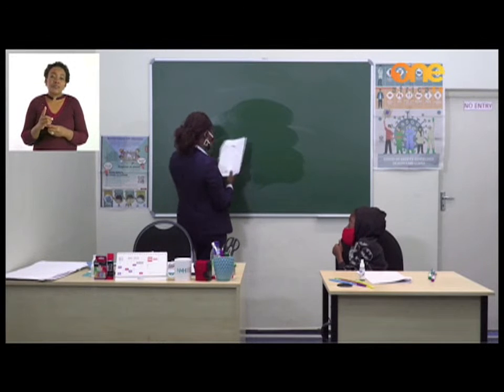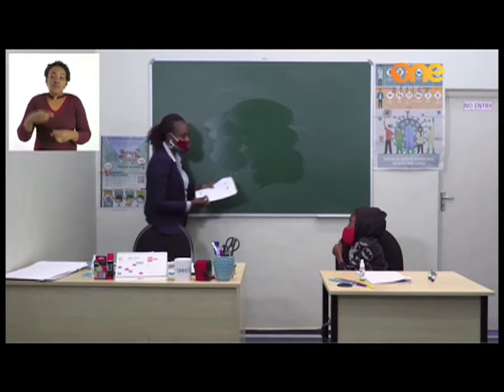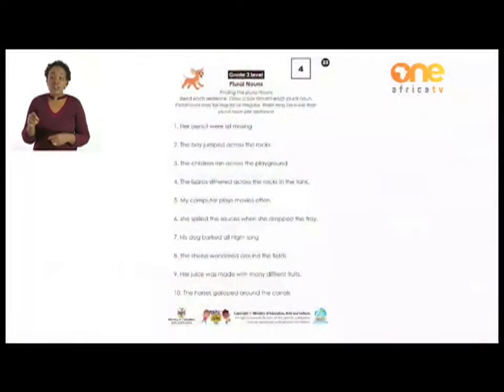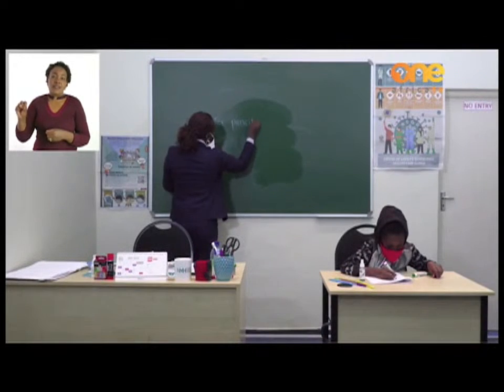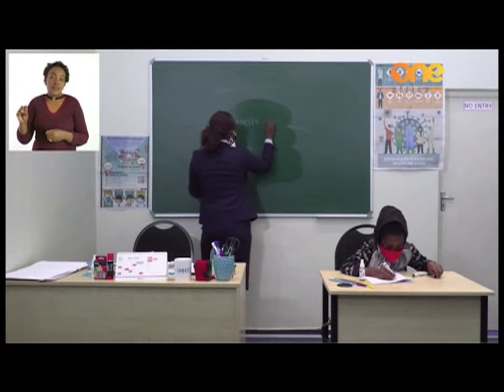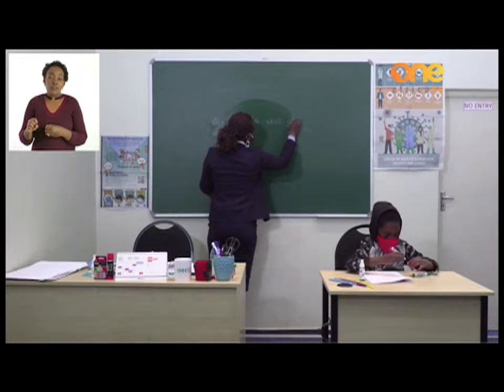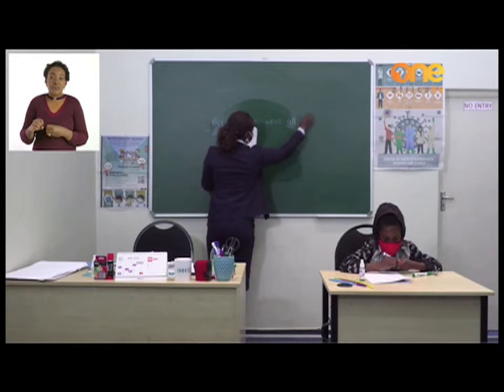Okay. Let's do number 1. Hair pencils. I want you to correct in your booklet. You can also correct yours. Good. Correct it. Write pencils there. So it's supposed to be: Her pencils were missing.